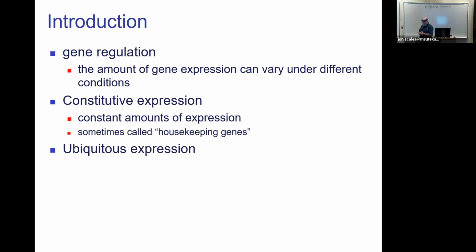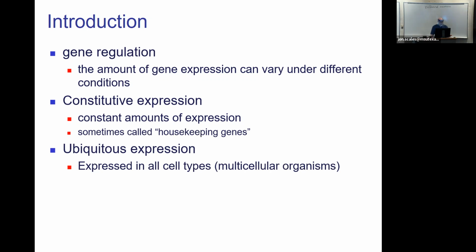Okay, now the other term is, where is the gene expressed? The other concept to think about. Ubiquitous means everywhere. Okay, it's expressed in all cell types if you have more than one cell type, or it's expressed during all stages of all life cycles that the organism may have. So when we think about this type of expression, again, kind of the opposite to this is differentially expressed.